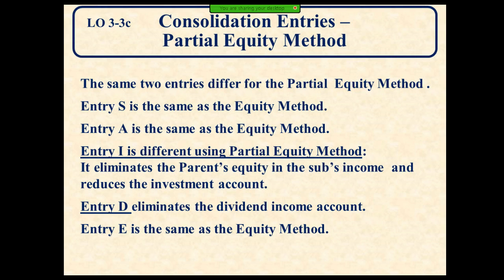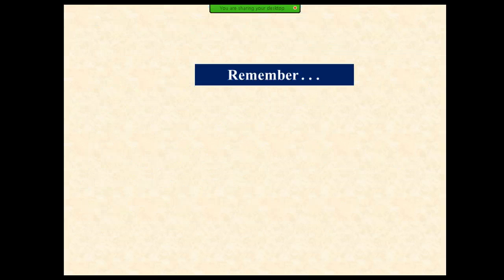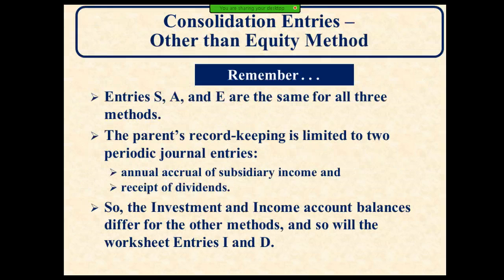So you see here the ones that are similar. The difference between the initial value and the partial equity are entries I and D. So just so you are familiar with how the partial and the initial value differ. S, A, and E are always going to be the same, all three methods.